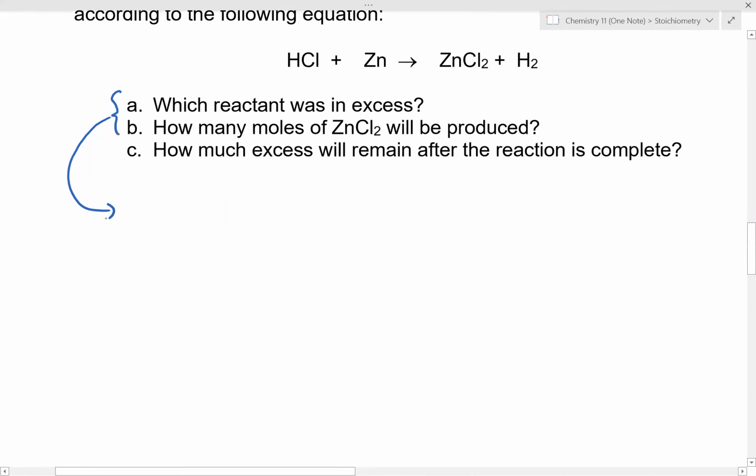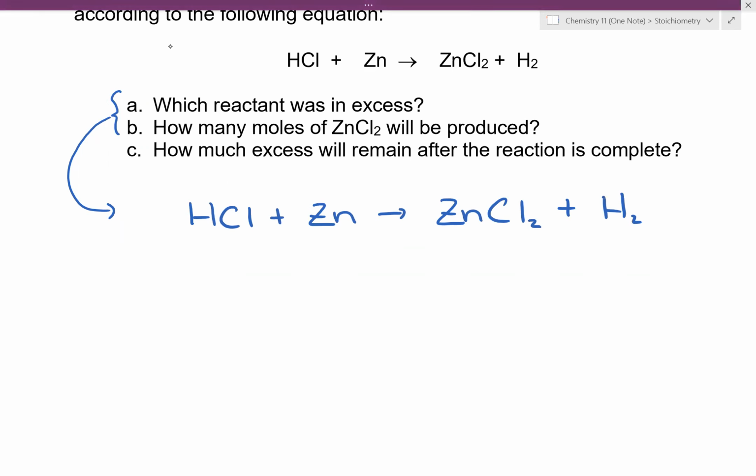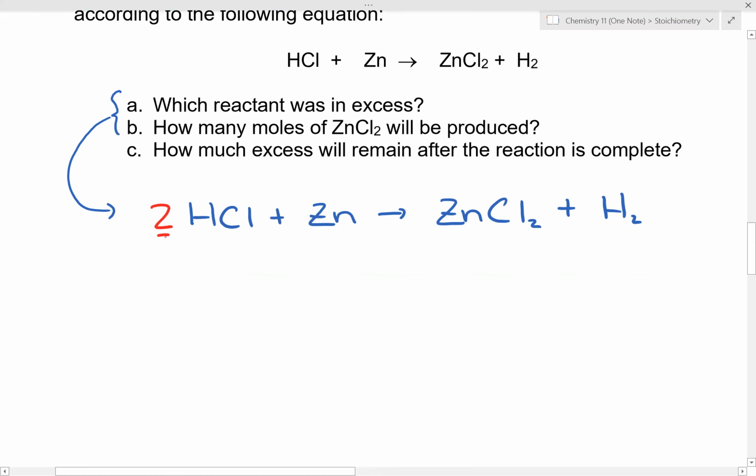So what's the first step? Just like in the previous question, we would have HCl plus zinc gives you zinc chloride, and the first step is to balance the equation. So we have 2 HCl here.